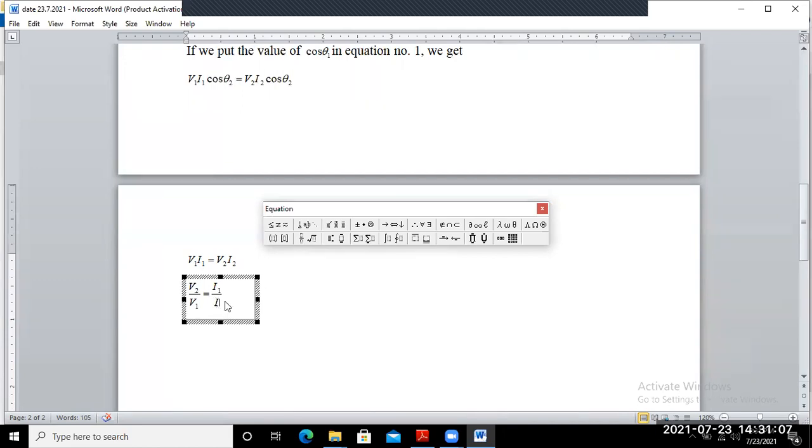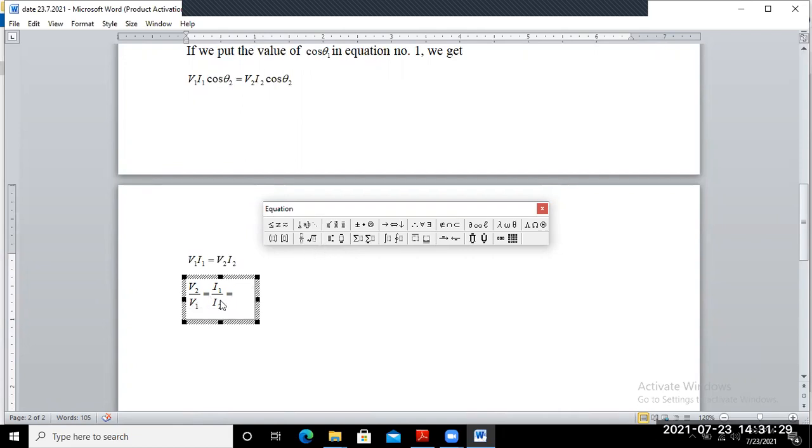This V2 is directly proportional to the number of turns N2, and this V1 is directly proportional to N1.